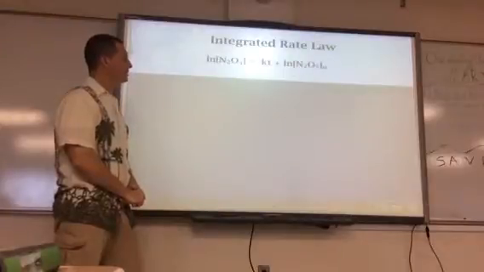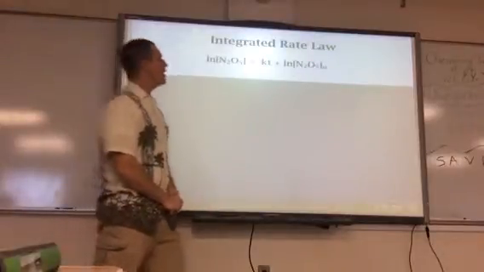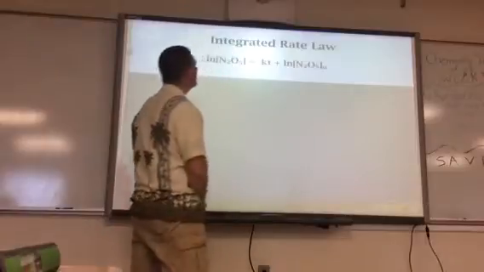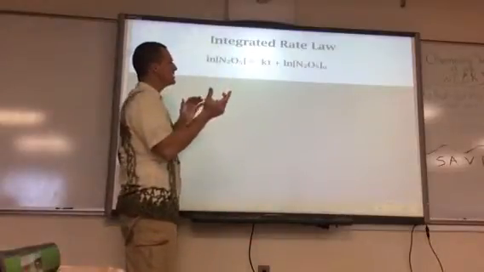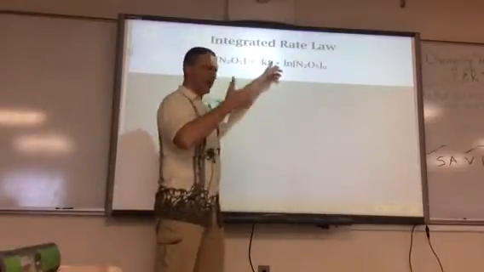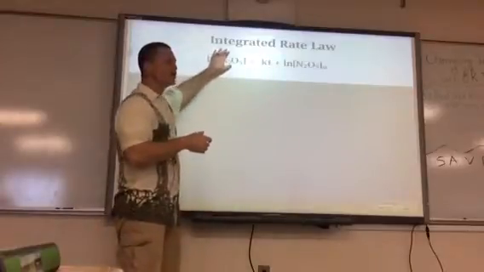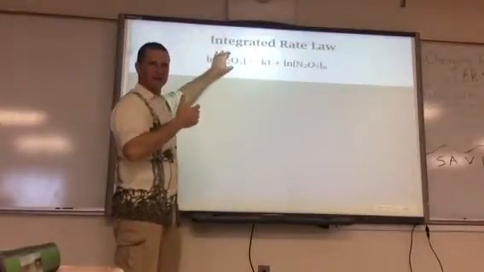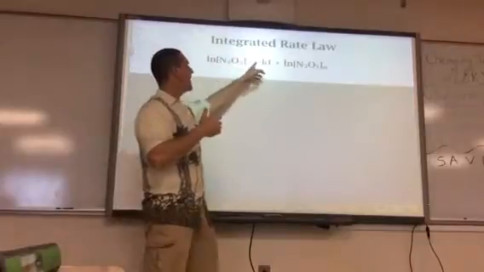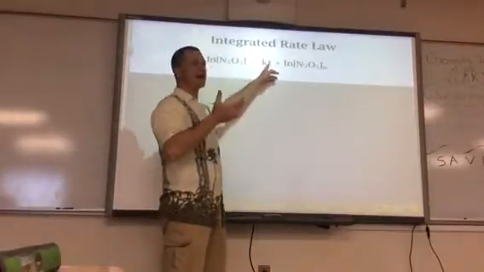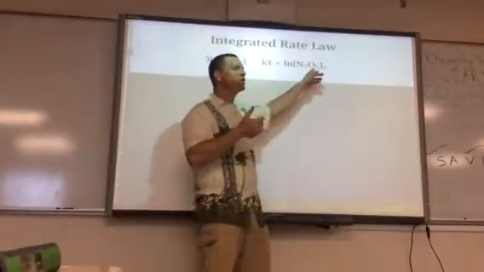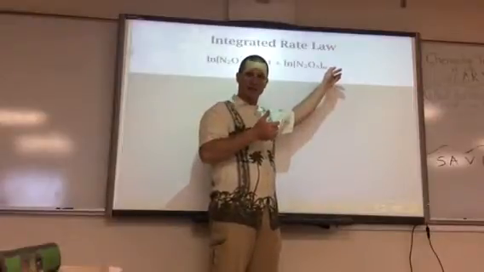So what does this do for us? What did we just do? Well, it turns out that as the reaction proceeds, time is moving on, and the concentration of N2O5 is changing. The k is the rate constant. It's a constant number. The initial concentration is a constant number.